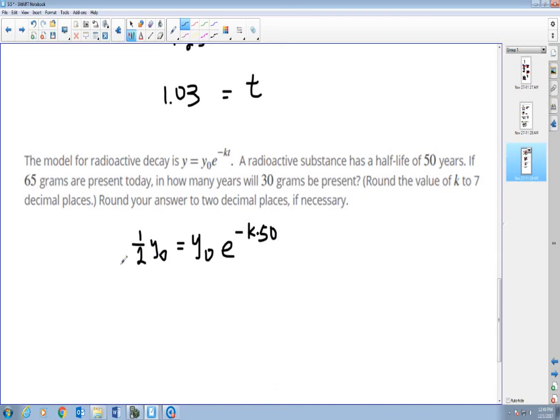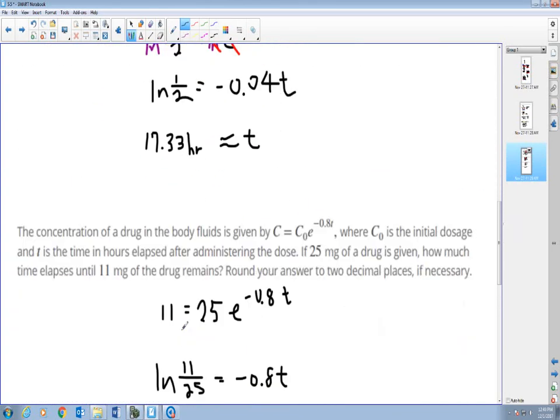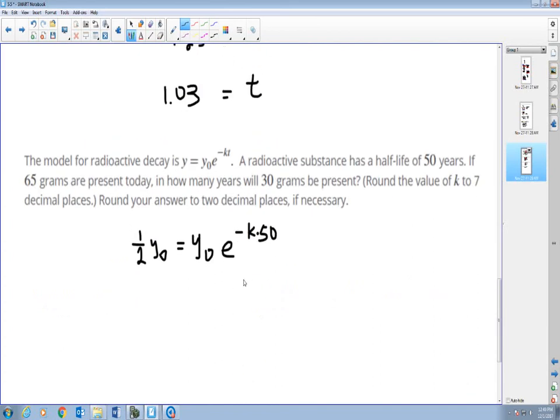50 years becomes the half-life, half of the initial amount. In the previous problem, we were solving for the time of the half-life. Now we are looking for the decay rate given the half-life. So the computation is very similar. Divide both sides by the initial amount.